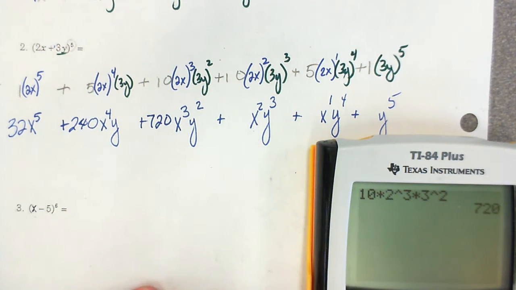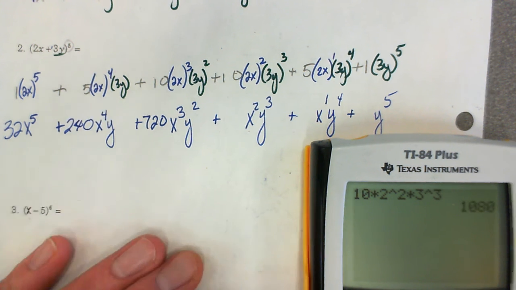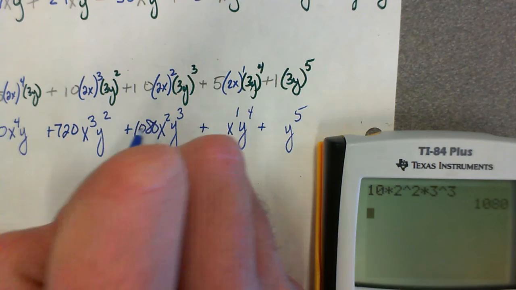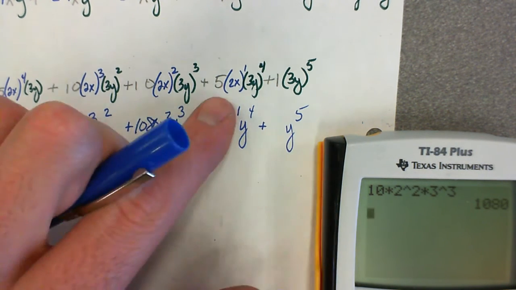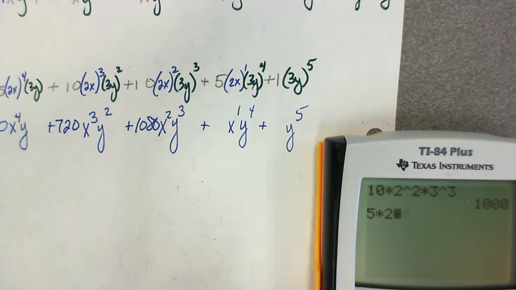On the next one, we've got 10 times 2 to the power of 2 times 3 to the power of 3. And we get 1080 as our coefficient.